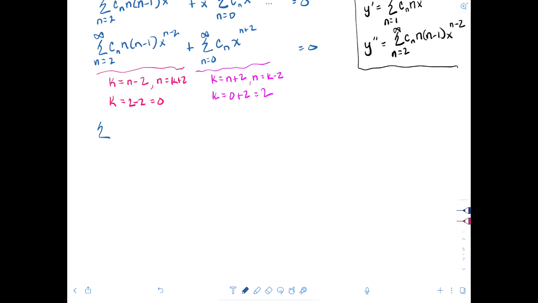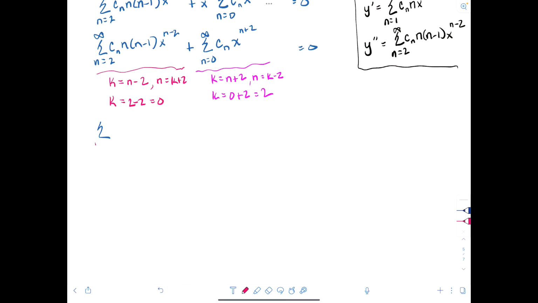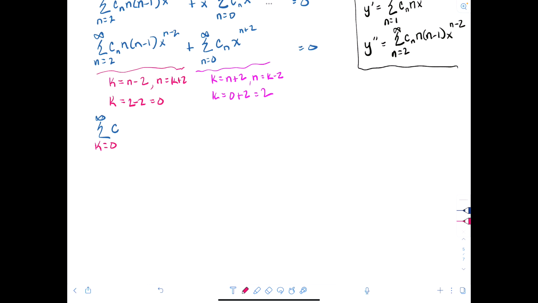The summation as k goes from 0 to infinity of c sub n, and n written in terms of k is k plus 2.